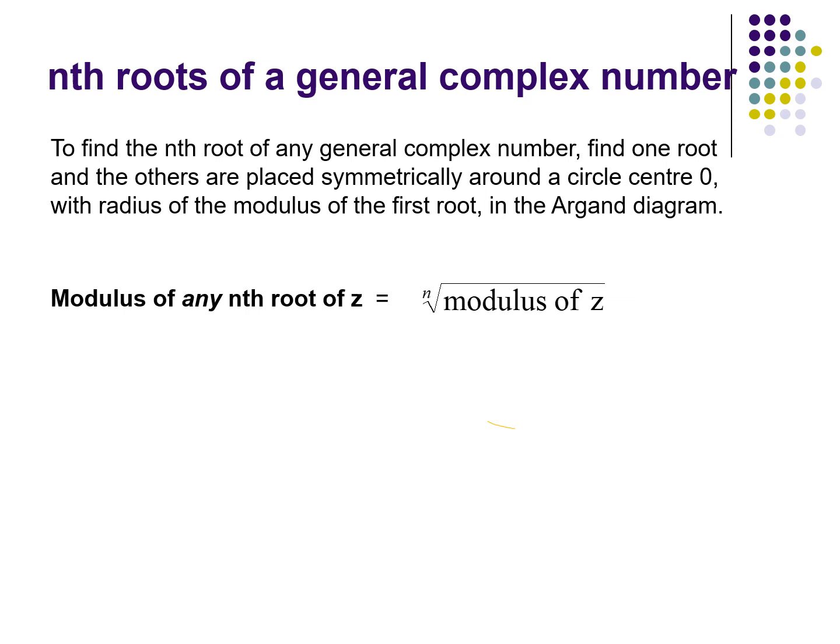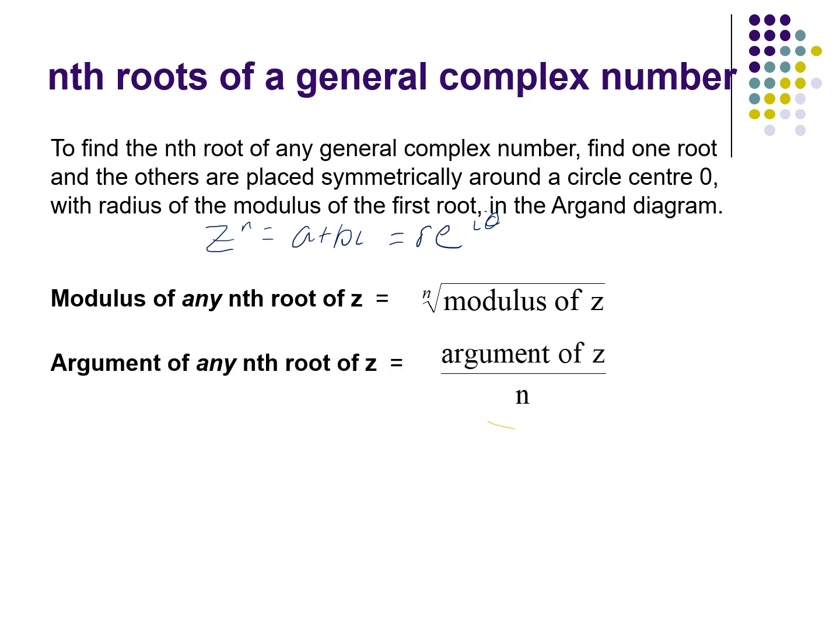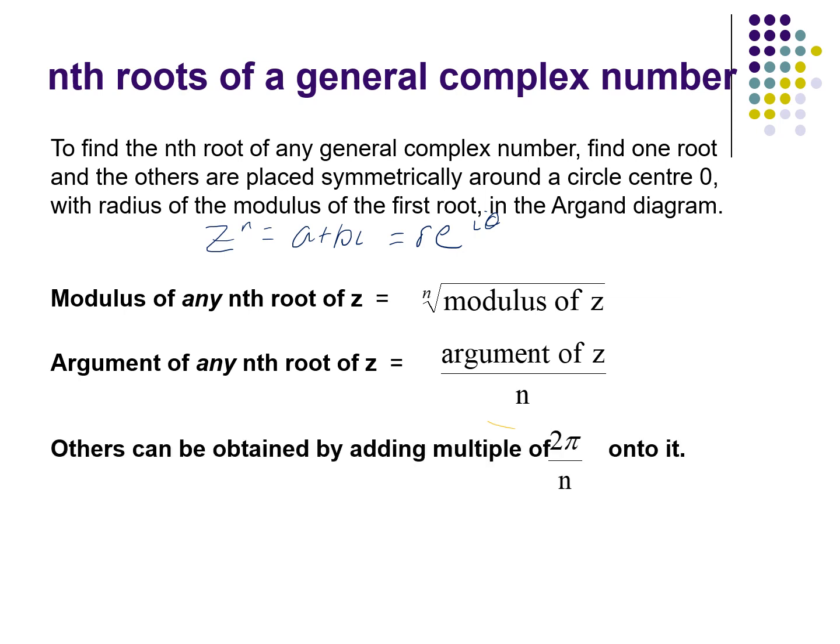We know that if we're solving z to the n equals a plus bi, or if we write it as re to the i theta, we nth root the modulus. What do we do to the argument? We take the argument and we divide it by n. And then in the same way as what we were doing in the previous ones, we're going to do that, and then we're going to add on our 2 pi, and then divide through.